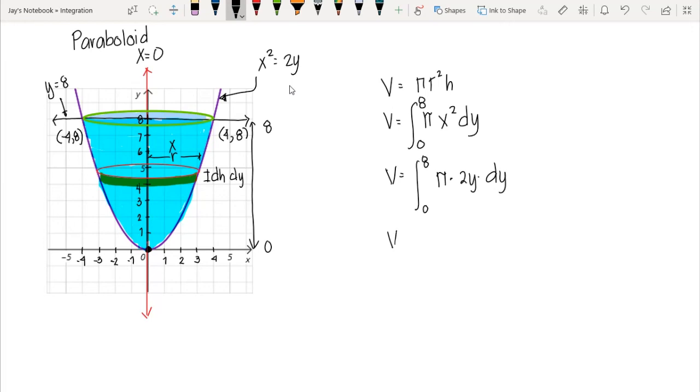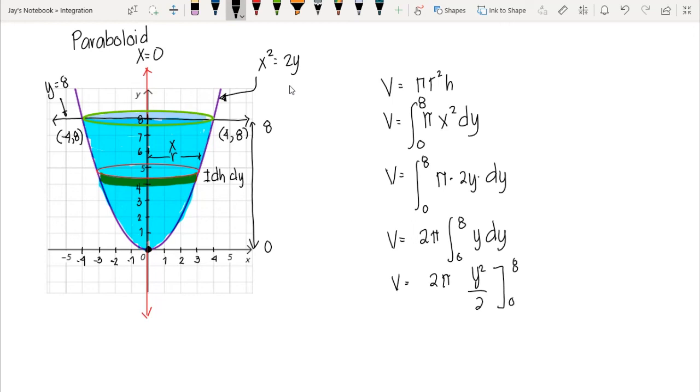So we have our volume, then we can take 2 pi outside of the integration, then we have 2 pi, the integration of 0 to 8, and we have y dy, then we can integrate y here, this is the power rule, and we have y squared over 2 and the limit from 0 to 8.